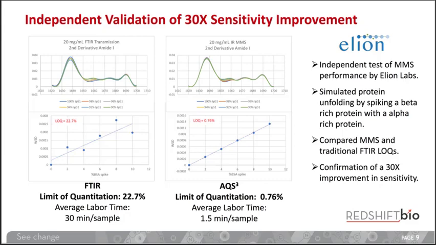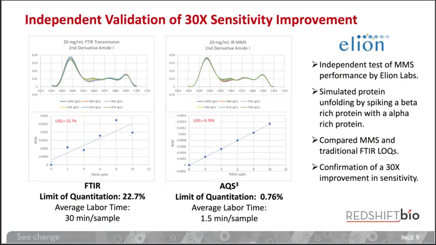And they performed an experiment where they mimicked or simulated protein conformation change by spiking a beta-rich protein, in this case an IgG, with alpha-rich protein, BSA. And they compared MMS, which is shown here on the right, with traditional FTIR, looking at the limit of quantitation using their metric, which is a weighted spectral difference.